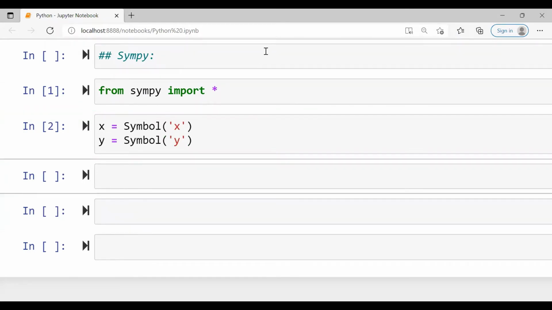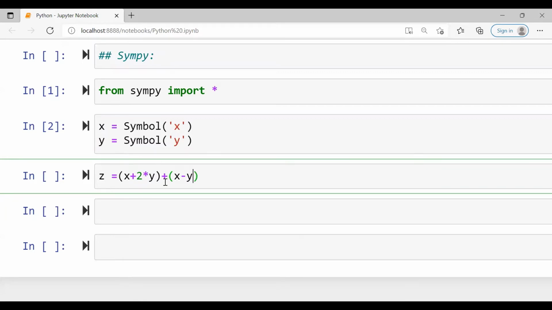Now, let us see some of the functions available in this library. The first function will solve an equation which consists of x and y variables. So z is equal to x plus 2 into, for multiplication you have to use asterisk, y, or you can write plus x minus y.